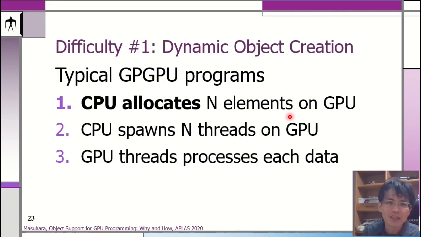The first one is dynamic object creation. Typical GPU programs are written in this way. First, the CPU allocates n elements of data on the GPU, and then the CPU spawns n threads on the GPU, and then each thread processes each data.